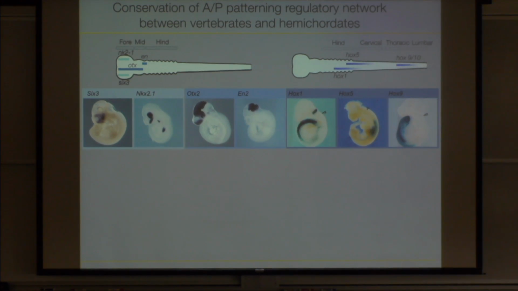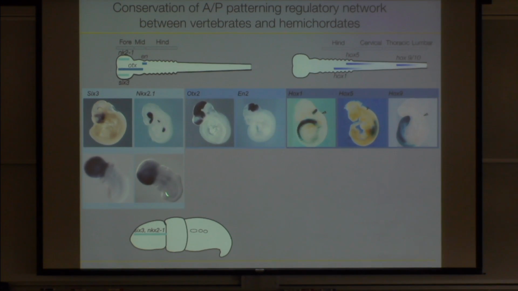So if you now look at these in hemichordates, if we look at this gene, both of these genes are forebrain genes, both in Drosophila and in vertebrates. And in hemichordate embryos, they're expressed exclusively in the proboscis ectoderm. So here's the proboscis, collar, and trunk.